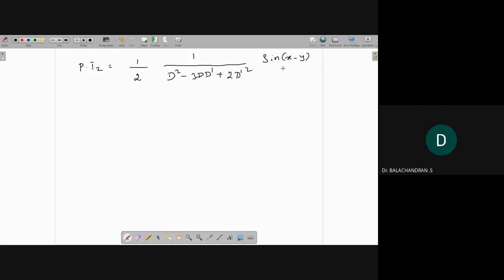x minus 1. Okay, here again you should replace d square by minus a square, that is minus 1 square, and d dash by minus a into b, minus a is 1, b is minus 1. So this is equal to 1, this is equal to minus 1.